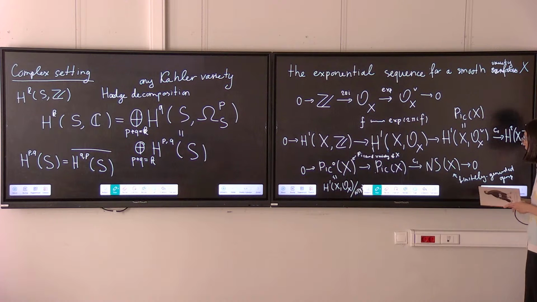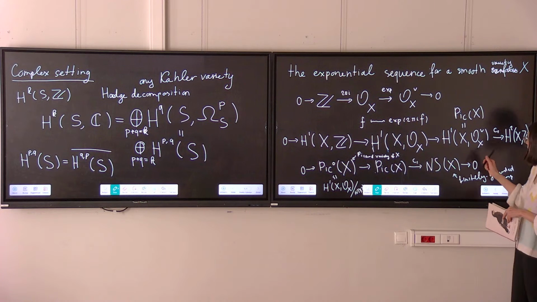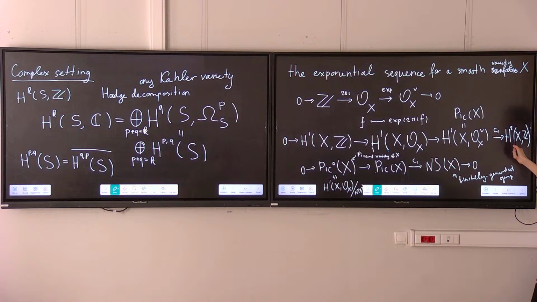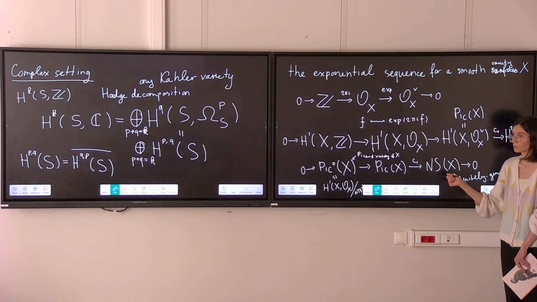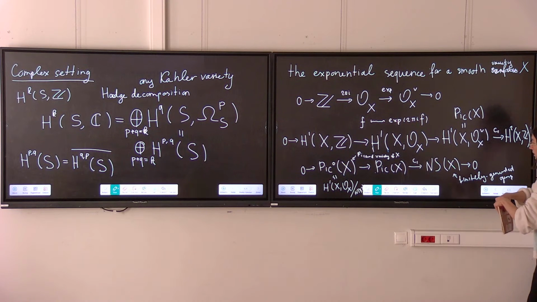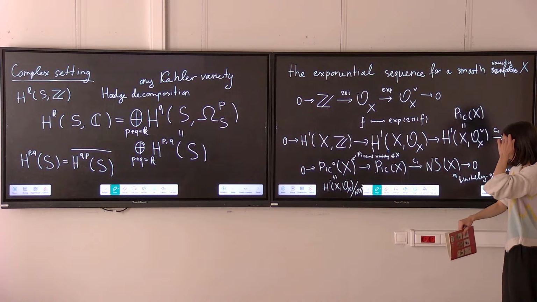So maybe I need to explain why the image of the first Chern class gives you the Néron-Severi group. Do you understand this, or do I need to explain? Explain, please. Yeah, okay, I will explain.